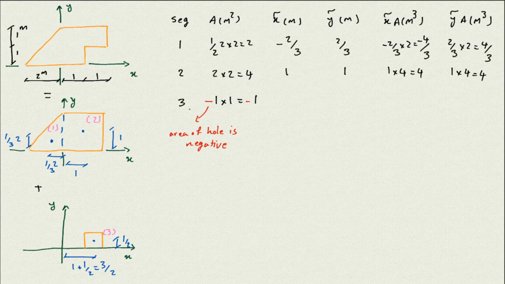And then we have the location of this. Its centroid is 1.5 and half, and when we multiply it by -1, we get negative 1.5, and then half times -1.